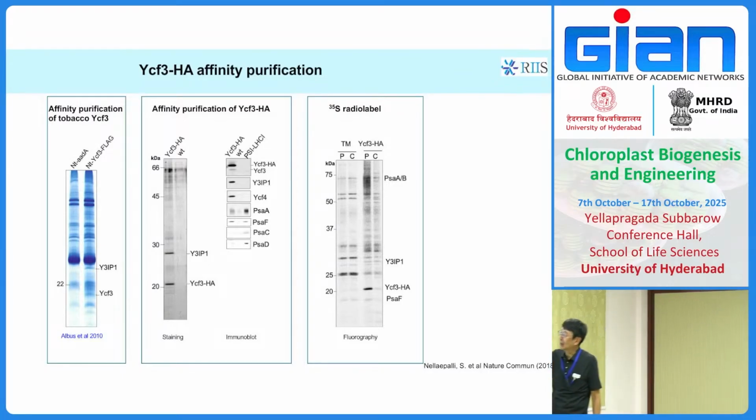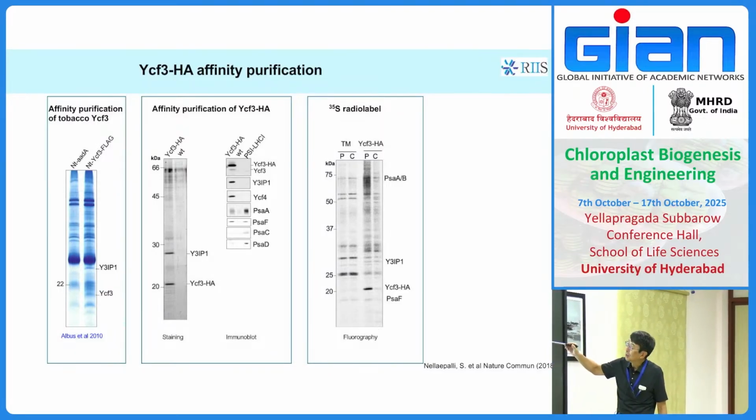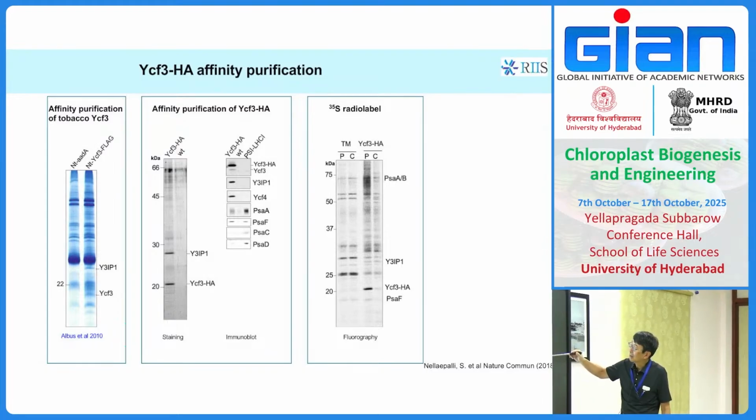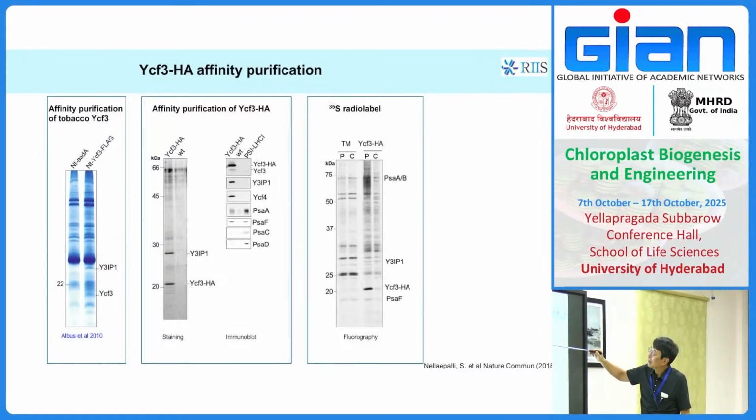The major proteins are these two, in almost stoichiometric amounts. If you detect by immunoblotting, in the wild type you don't see any. But in this YCF3-tagged purification, of course YCF3 is here, tagged, and Y3IP1, and a little bit of YCF4.